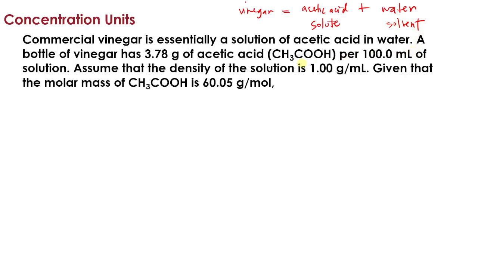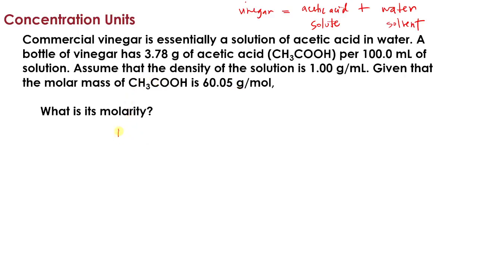Here, a bottle of vinegar has 3.78 grams of acetic acid per 100 mL of the solution. Assume that the density of the solution is 1.00 grams per mL, given that the molar mass of acetic acid is 60.05 grams per mole. Let's determine its molarity.